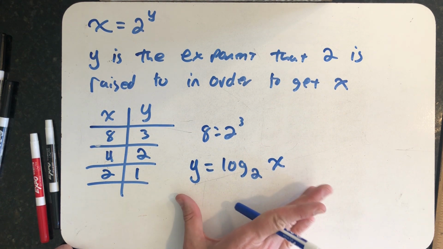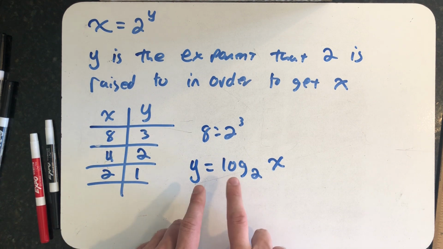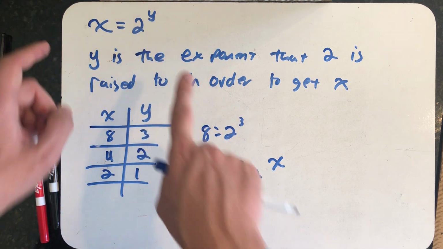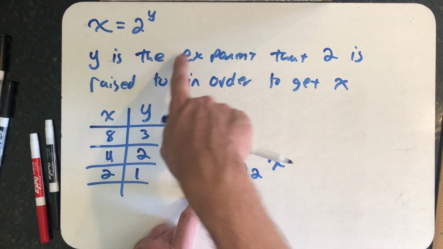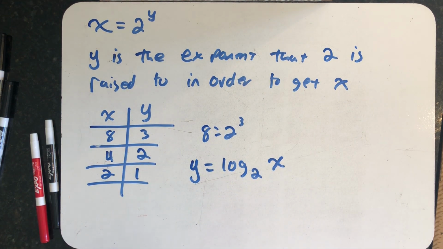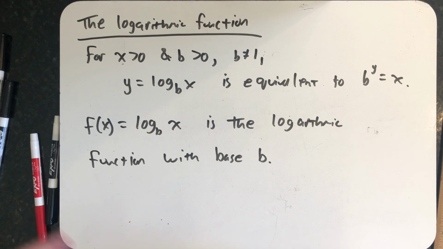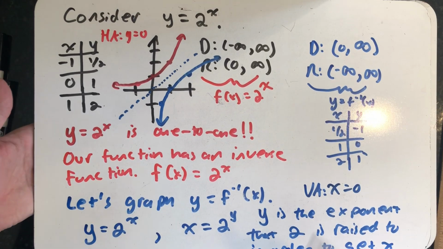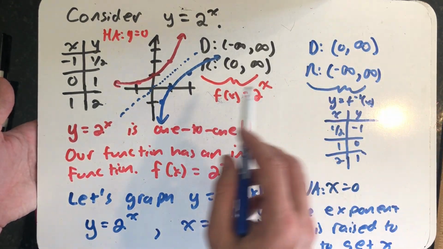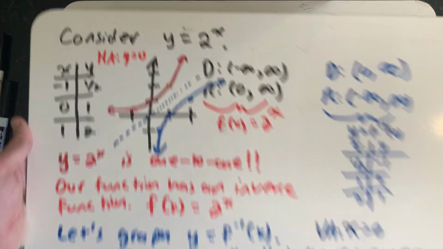Now, I want to rigorously define logarithm, but the most important thing is that every time I write down a logarithm, I can convert it to an exponential statement. And the logarithm itself is the exponent that the base, this number, is raised to in order to get x. Here's the formal definition of a logarithmic function base b. For x bigger than 0, and we see that x needs to be larger than 0 because of the domain we found here just by starting with an exponential function and finding this as its inverse.